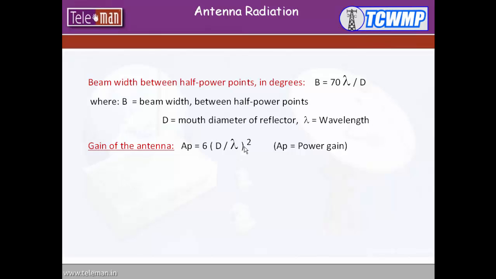Just now we discussed the lambda value, so I can put the lambda value over here, BD by 70. So we can find out that the gain is inversely proportional to the beam width. If beam width is more, gain is less, whereas if gain is more, beam width is less.